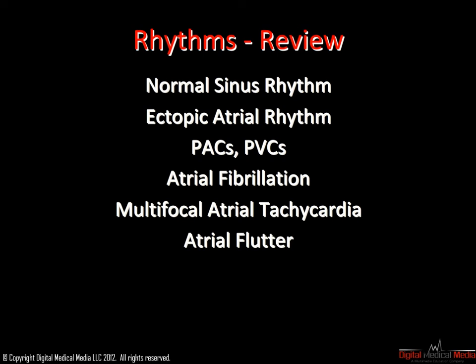Atrial flutter is a rhythm which runs at 300 beats per minute in the right atrium. Therefore, the ventricular rate is a factor of 300, frequently 150 or 100 beats per minute. The atrial rate is almost exactly 300 beats per minute in typical atrial flutter.